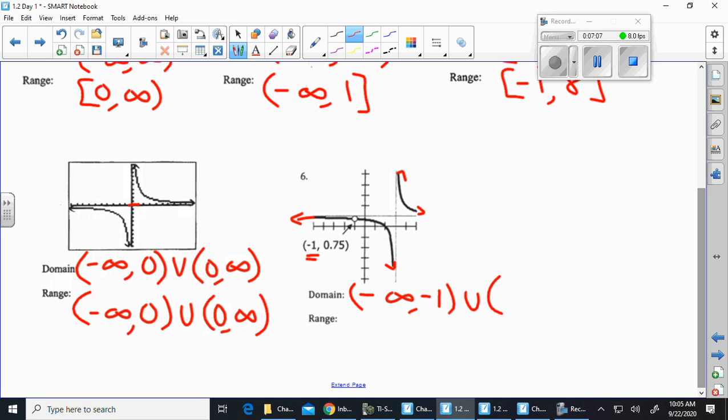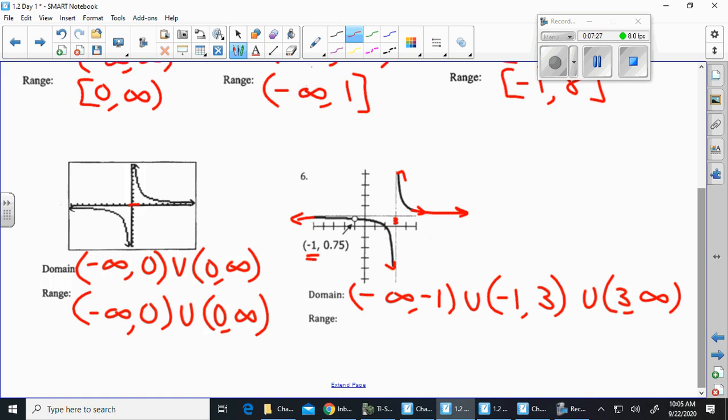Then it starts again right after negative 1 until it gets to 3 because there's an asymptote. And then after 3, it starts again and it goes to the right forever and ever.